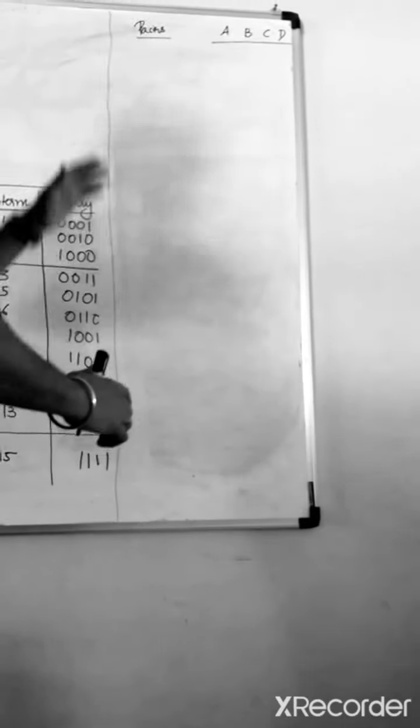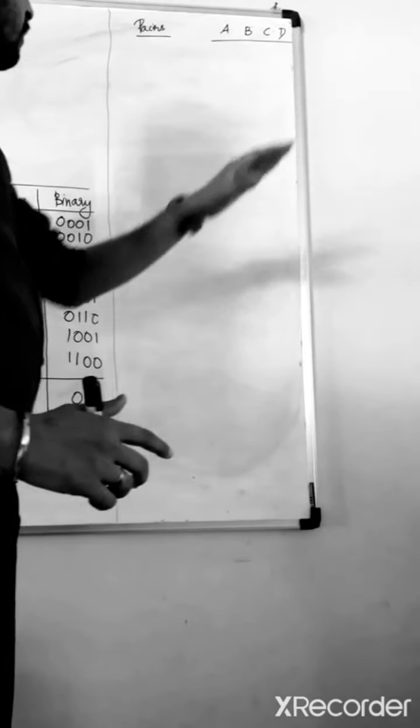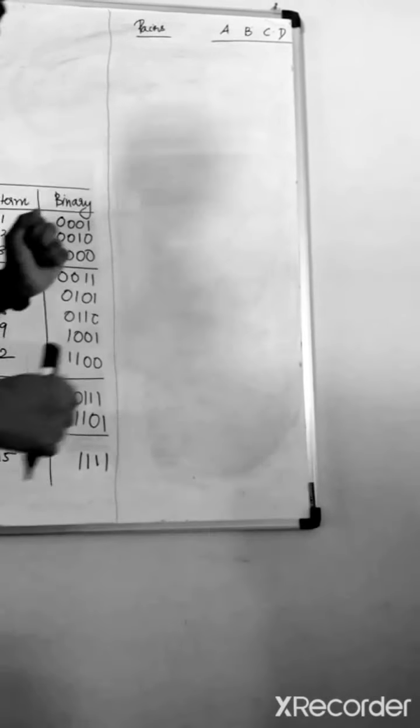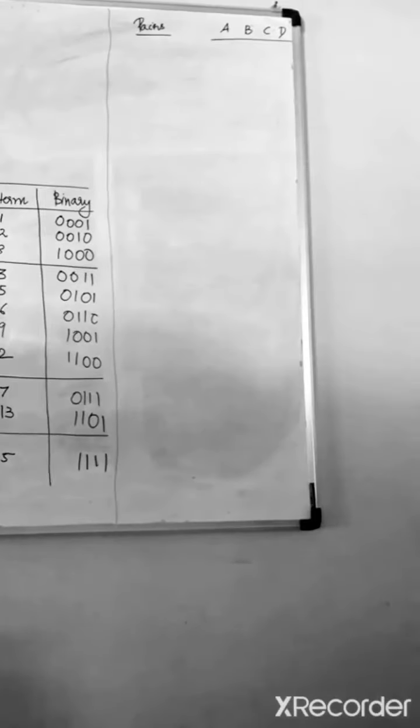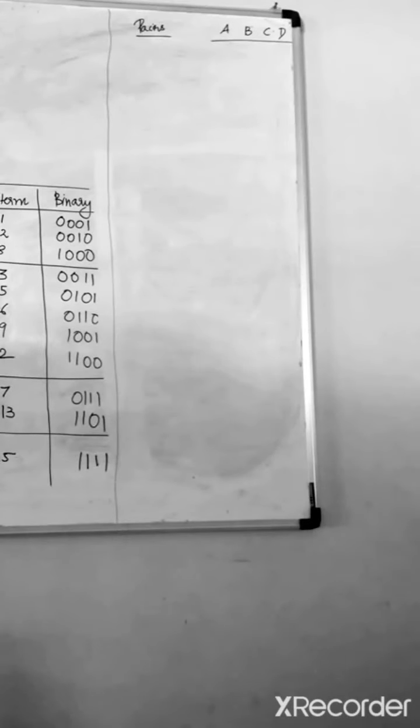Next step is pairs and corresponding variables. We take 2 sets each.